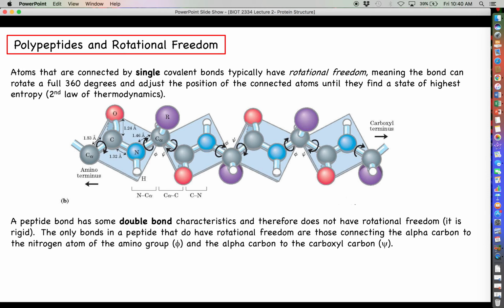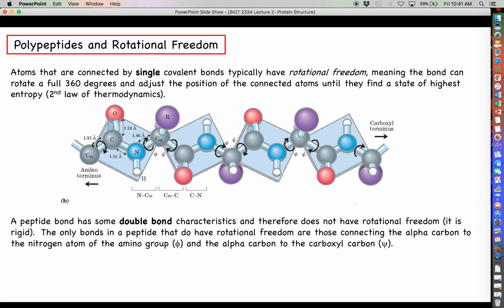Now, where you will see some rotational freedom here is between the alpha carbon and the carboxyl carbon, so you can see a little arrow here indicating that we do have rotational freedom there. And then you will see some rotational freedom between the alpha carbon and the previous amino nitrogen. You do see the arrow there indicating we do have rotational freedom there.